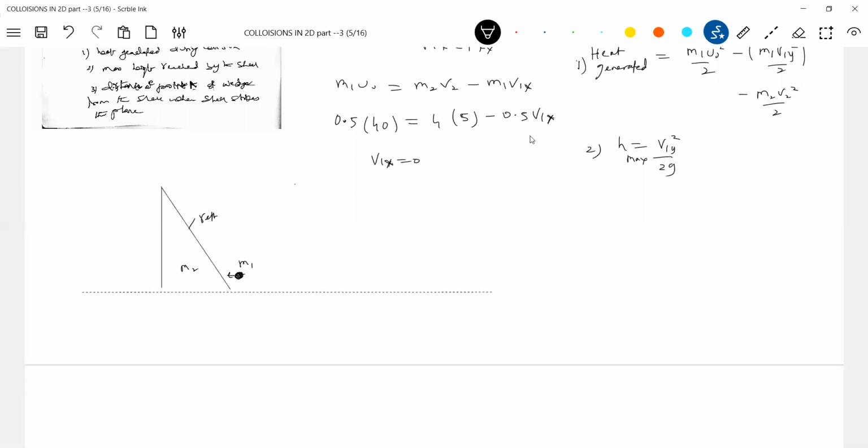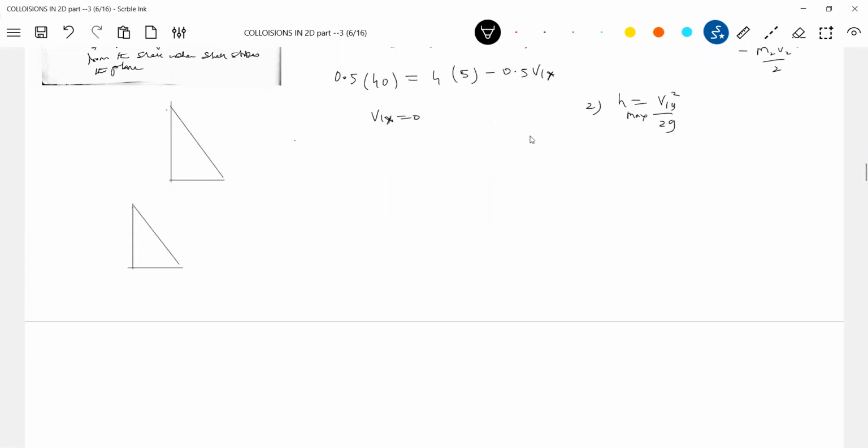I have to draw a diagram. I'll show small diagrams. It will be much easier. Initially, and the wedge will start moving. The shell after collision will have only a y component of velocity. The point A and the shell, what will happen?